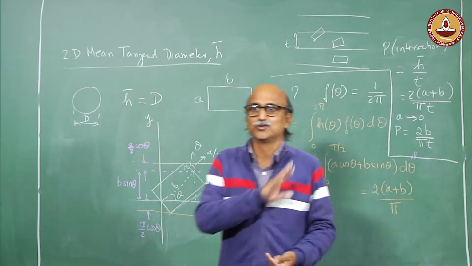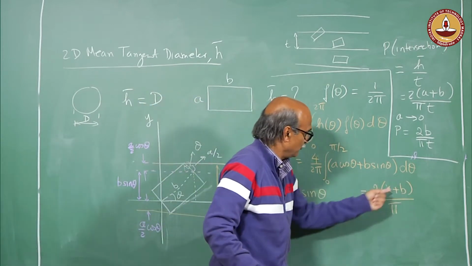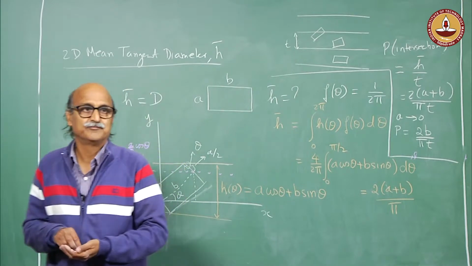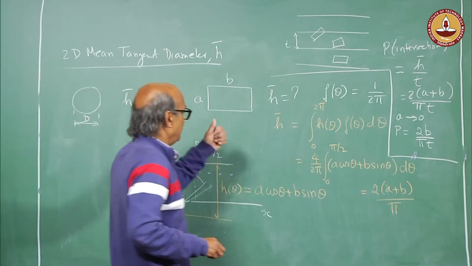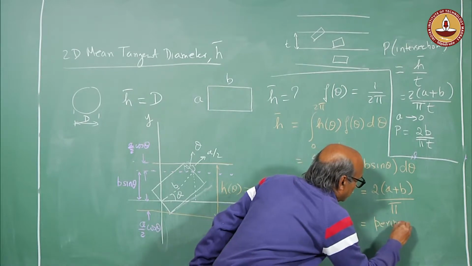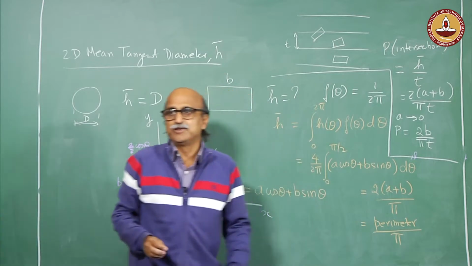Another important thing to look at in this result here: what is 2 times a plus b? It is the perimeter of the rectangle. So, this is perimeter upon pi.